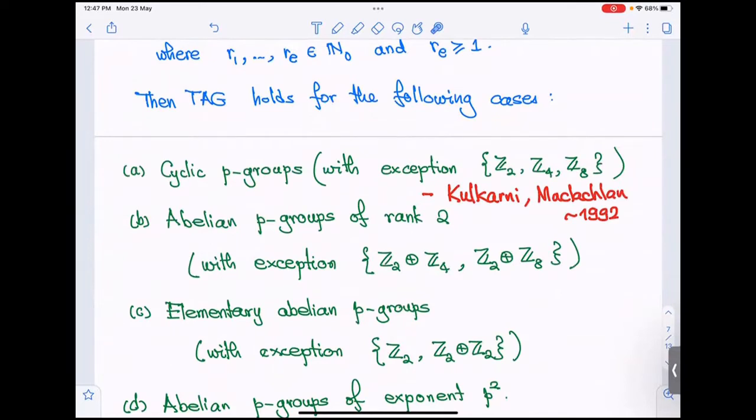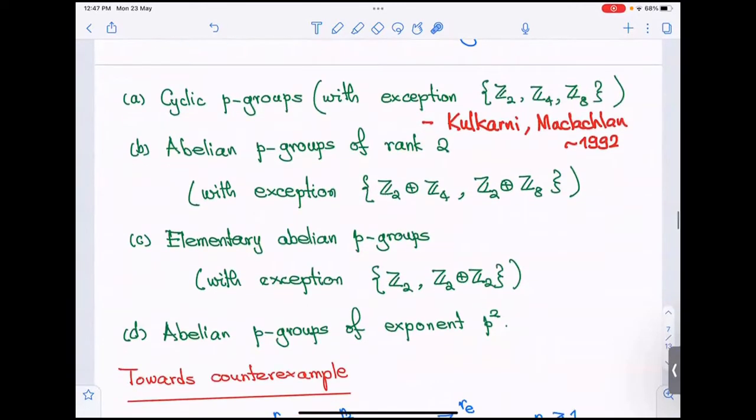So if you have 2 finite P groups of rank 2, other than these 2, then the spectra actually determine these groups up to isomorphism. The third one was elementary abelian P groups. This has again another exception of Z2 and Z2 cross Z2.